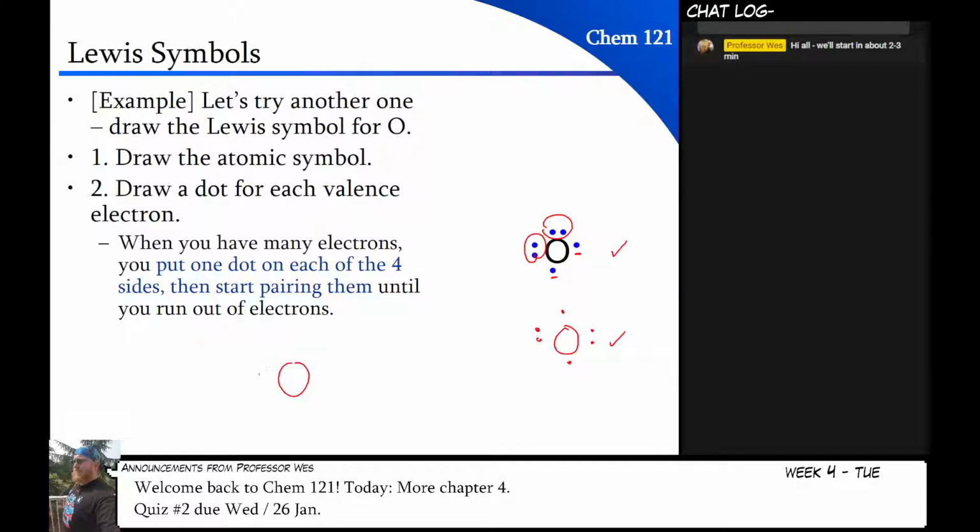What would not be okay would be the first thing that I drew before, where I had the empty space here. This is not alright. Okay, so make sure that when you are putting down your dots, you are putting them down 1 at a time, per side on all 4 sides, and then pairing them only once you have to.